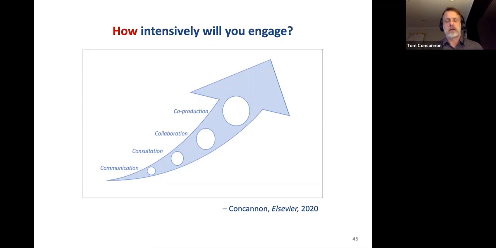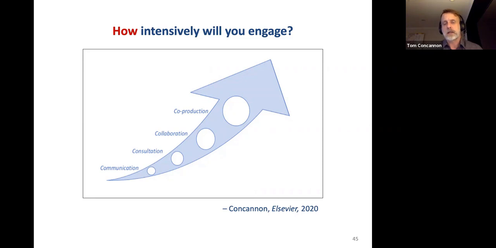This is a diagram that I adapted from colleagues in the United Kingdom who described engagement activities in 4 levels of intensity, starting with the lowest level of intensity, communication, moving up a ladder to a next step called consultation or advisory roles, up the ladder to the next step in which stakeholders become collaborators in research, and then finally up to the fourth and final step, in which stakeholders who we partner with become co-producers or even sometimes co-authors of the research that we produce.